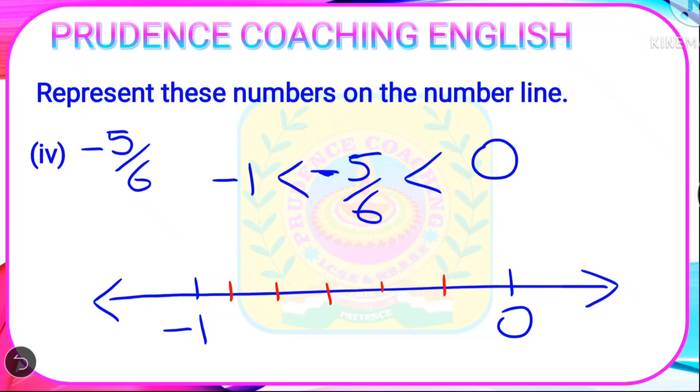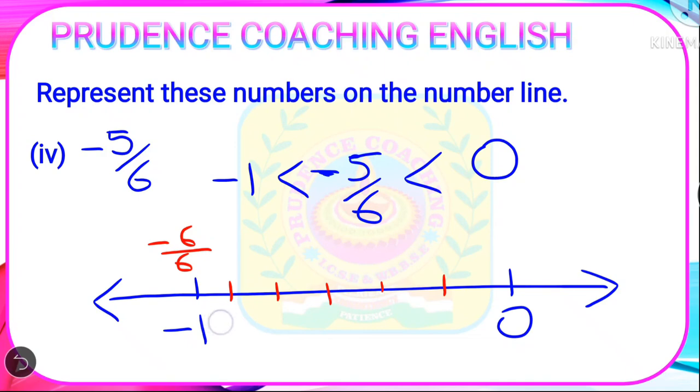You will use a scale and a pencil and maintain the gap. Next we have to keep the denominator 6. We know minus 6 divided by 6 is minus 1. And next, as we have to go towards 0, we have to decrease the numerator.